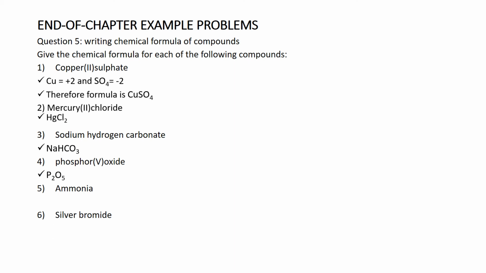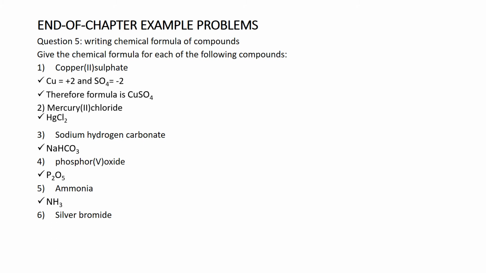And then phosphorus(V) oxide will be P2O5, because phosphorus(V) means that the phosphorus has a valency of positive 5, and we know that oxygen has a valency of minus 2. So using the crossover method again, you get P2O5.